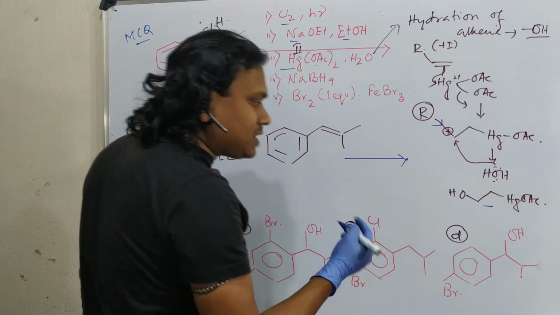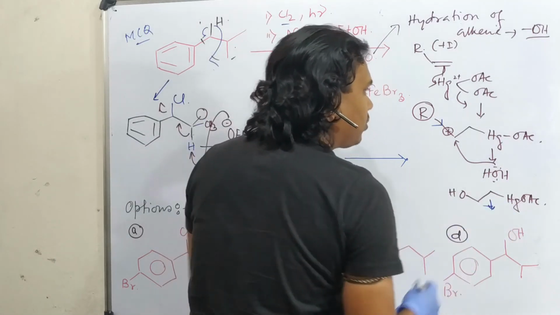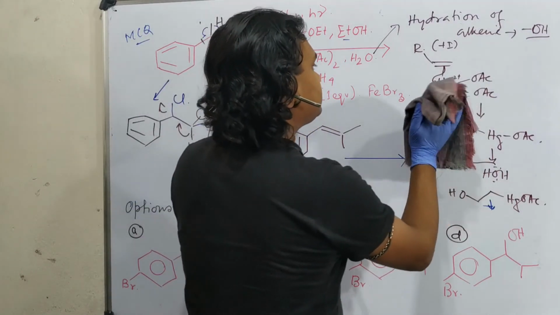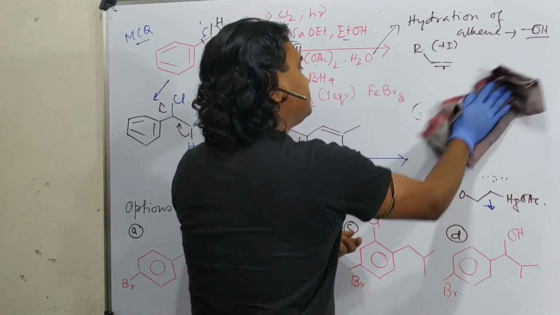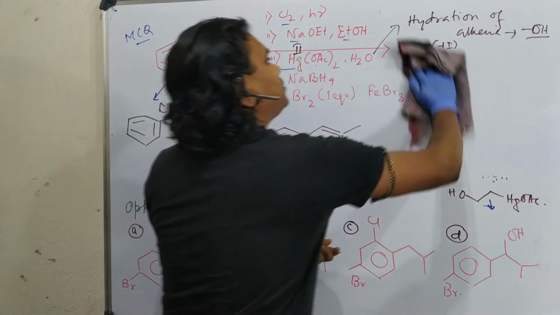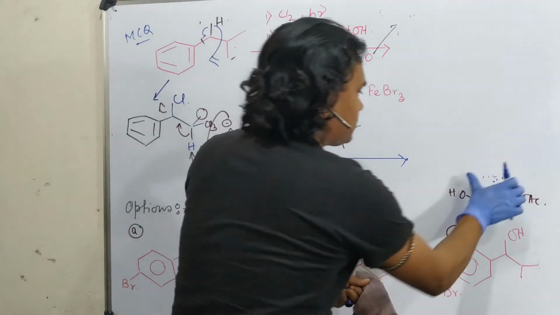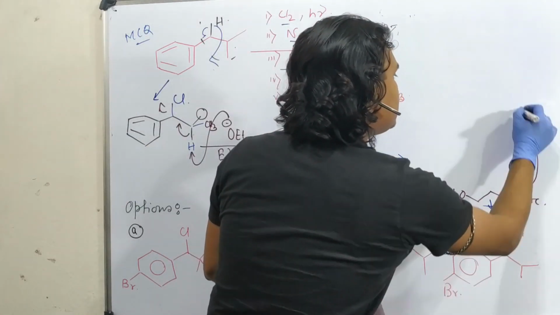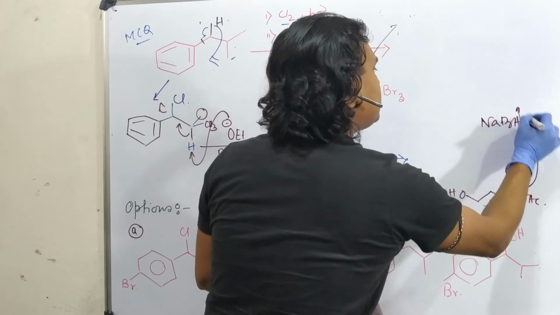So in the second step, at the last step, what happens? If you put sodium borohydride, what will it result?